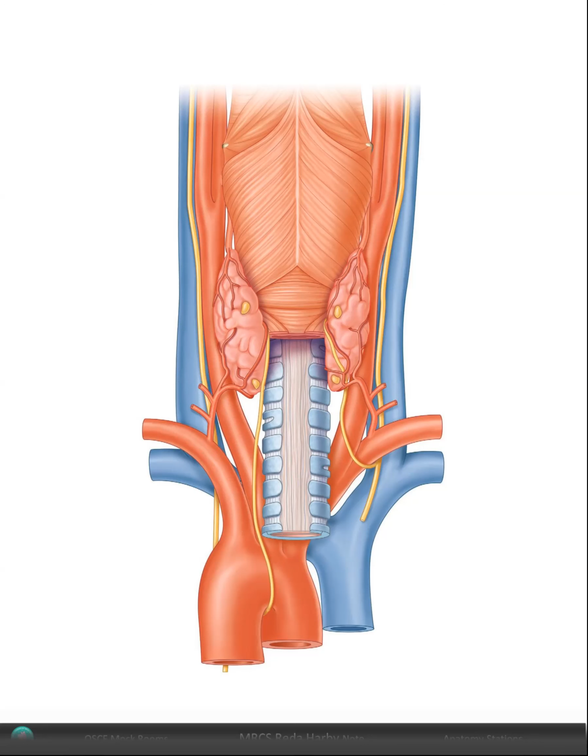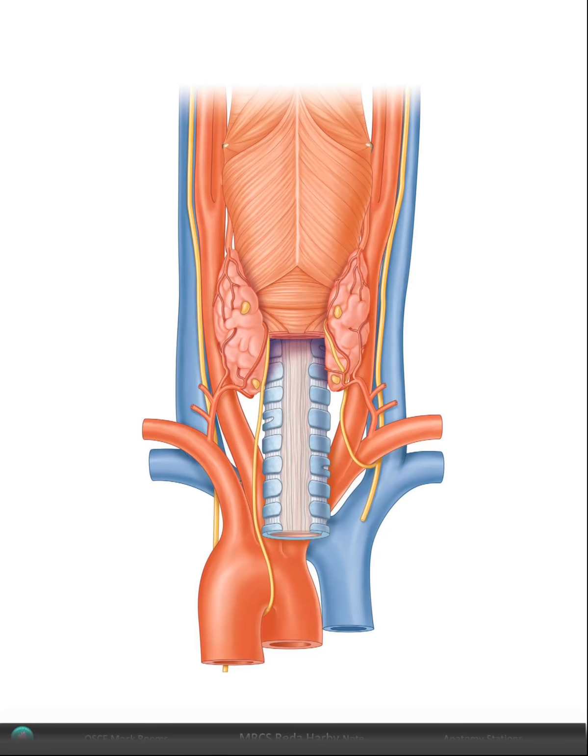So the simple answer is that the venous drainage is carried by the superior, middle, and inferior thyroid veins, which form a venous plexus around the thyroid gland. Superior and middle veins drain into the internal jugular vein, and the inferior into the brachiocephalic vein.